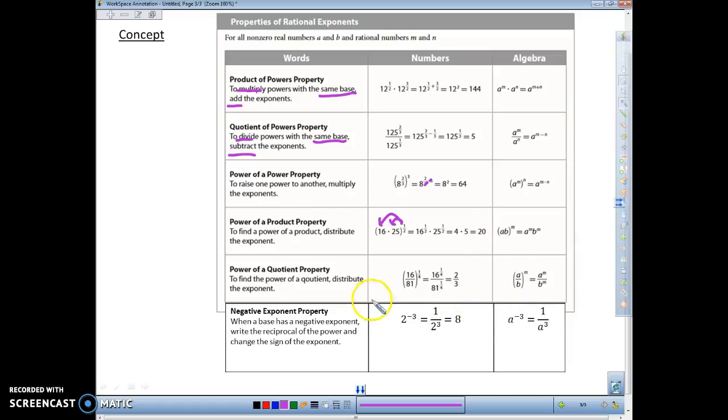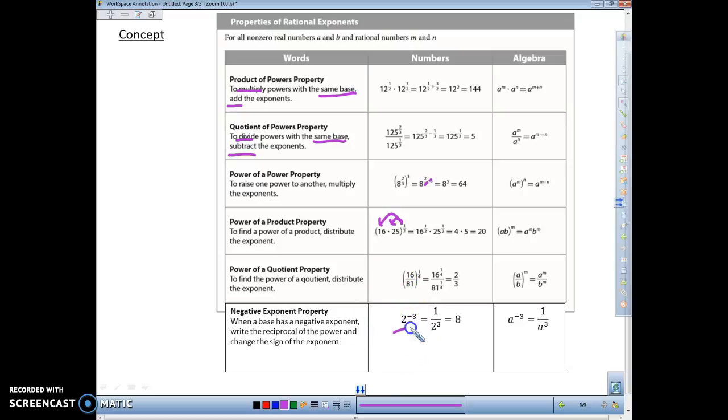Now, the one that is pretty tricky for people is when I have negative exponents. This says when a base has a negative exponent, write the reciprocal of the power and change the sign of the exponent. So here I have 2 to the negative 1/3. I'm going to flip this and make the reciprocal.